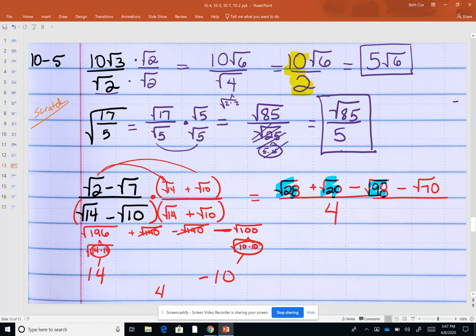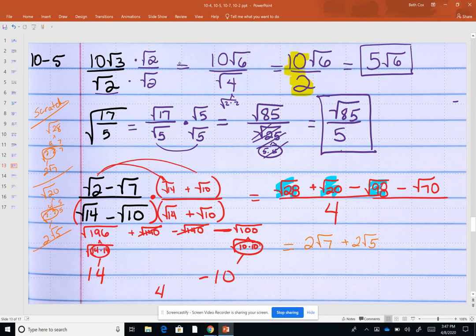So here we go. I'm going to hurry it up. So 28. So that's 4 times 7. That's 2, 2, 7. The 2's get out and leaves me with the 7. So that's going to give me 2 square roots of 7. Next, got the square root of 20. So 4 times 5, 2, 2, 5. 2's get out, the 5 stays in. So that's plus 2 square roots of 5.